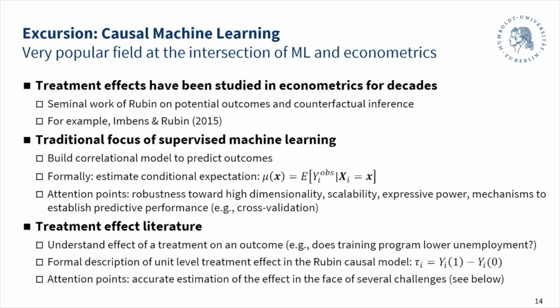And in the treatment effect literature, the focus is on causality. We try to understand how some action, some treatment, alters our behavior. A classical economics question is how a job training program changes unemployment rates. And immediately this makes sense for policymakers.